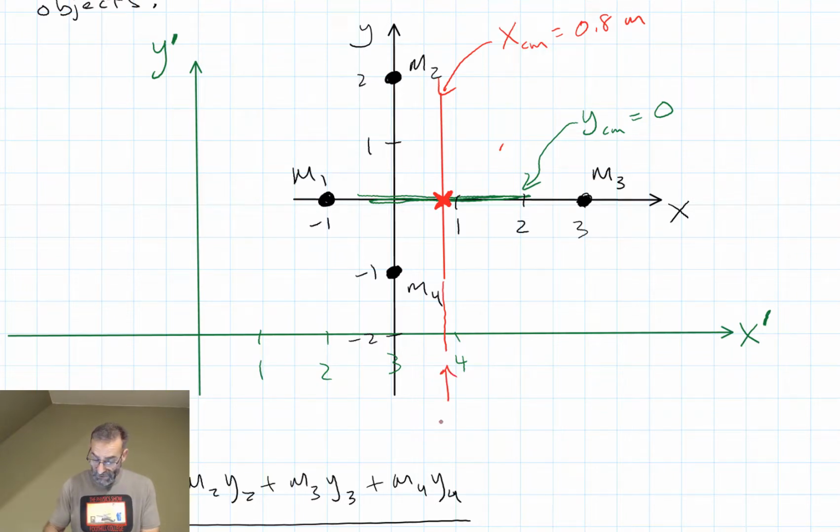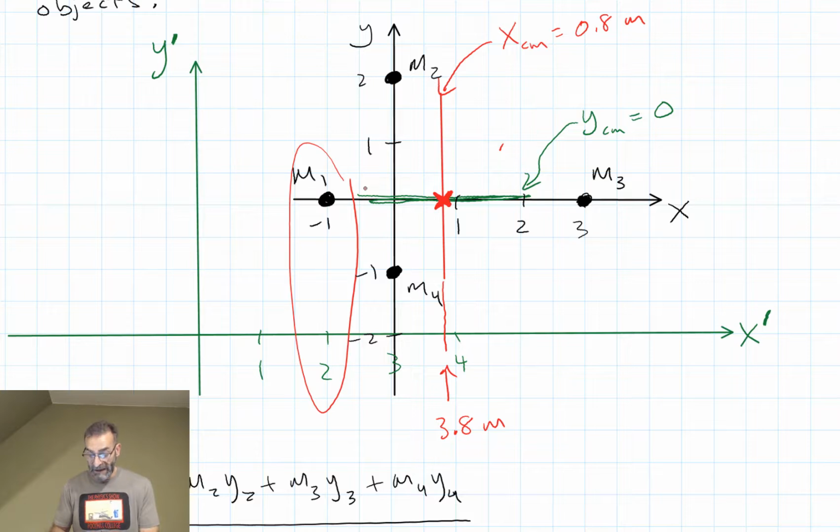It's going to be 3.8 meters because m1 is now at location x prime equals 2. Instead of being at -1, it's at 2. And m2 now has an x coordinate of 3 in this new coordinate system.